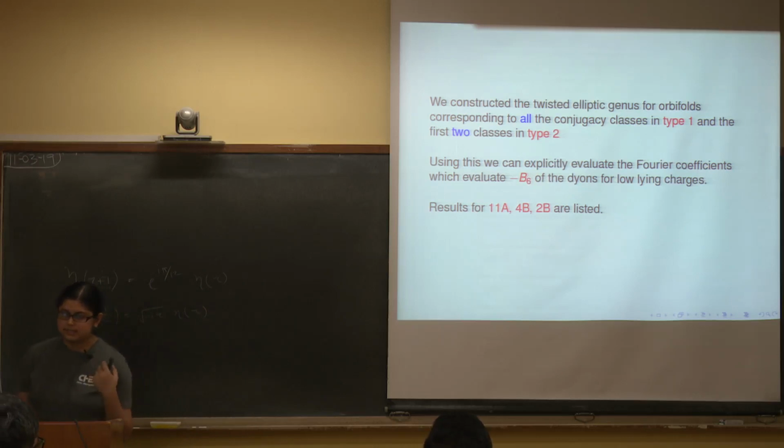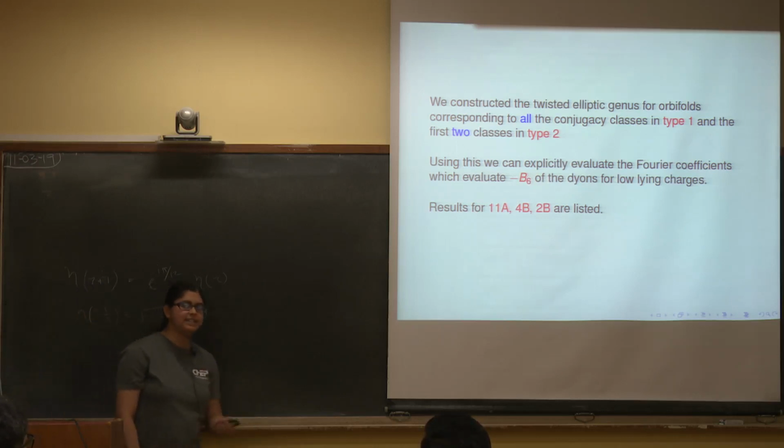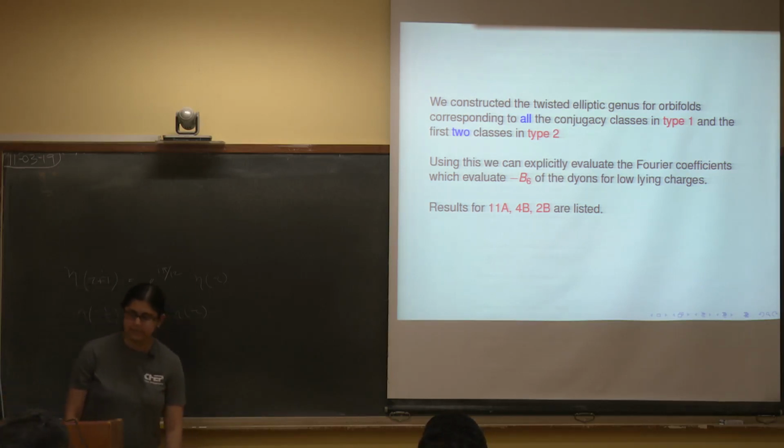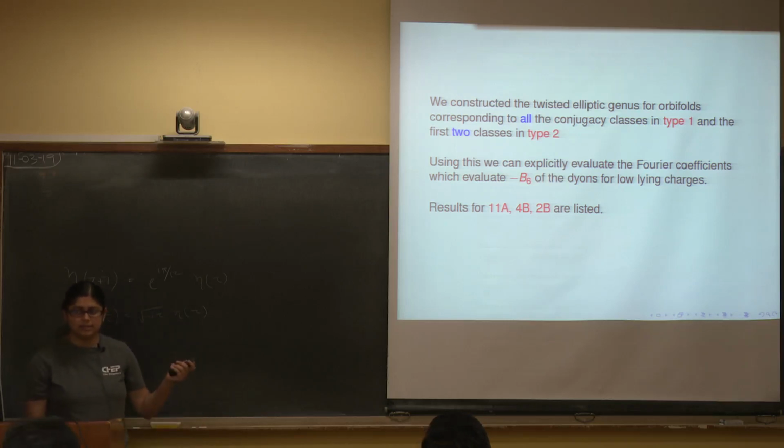We constructed the twisted elliptic genera in all the sectors, and we basically need all the sectors also. From F01 only you cannot write the minus B6, and corresponding to all the conjugacy classes of type 1 and type 2, here all the results did turn out to be positive.